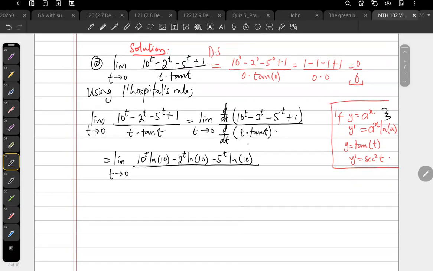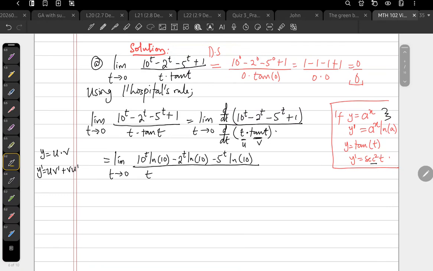And in the denominator, this is a product of two functions, so we have to use the product rule. You remember that if y equals u times v, then y prime is u v prime plus v u prime, which is what I'm using here, where this is our u and this is our v.